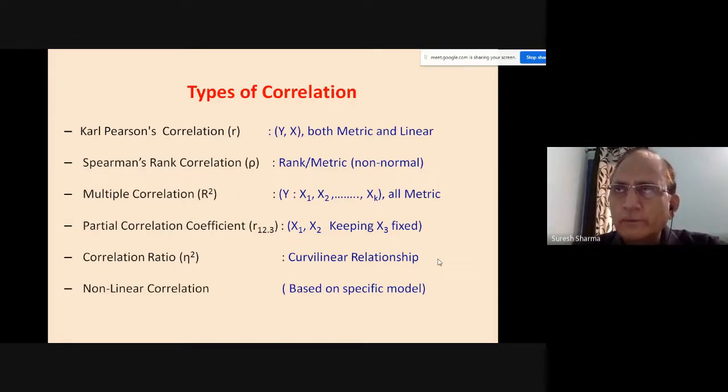Whenever we compute Karl Pearson's correlation coefficient, we always write small r, its value. That small r is 0.8 or 0.9, whatever. And the limits for this r, it always lies between -1 and +1. It cannot be below -1, it cannot be above +1. The formula is designed in such a way that r will always lie between -1 and +1.